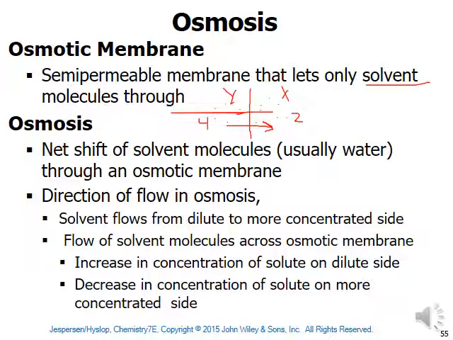What that means is there's relatively less water over here, and there's more water over here because this side is more diluted. So water is going to move from the more diluted side to the more concentrated side to try to bring this 4 down to 2. So that's what happens.